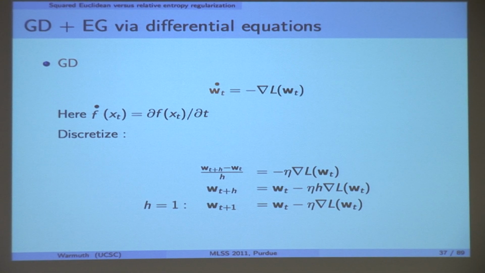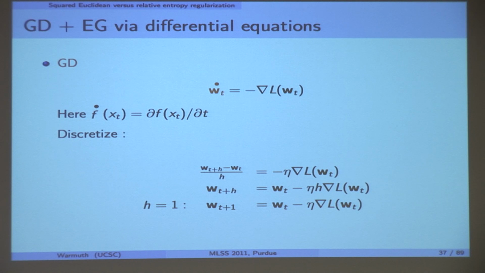What's gradient descent, the additive update? I claim it's simply w dot equals minus the gradient. Dot is a derivative with respect to time. It's the physics notation. So basically, what this means is you ski down the steepest gradient, all the way down. That's what this differential equation means.